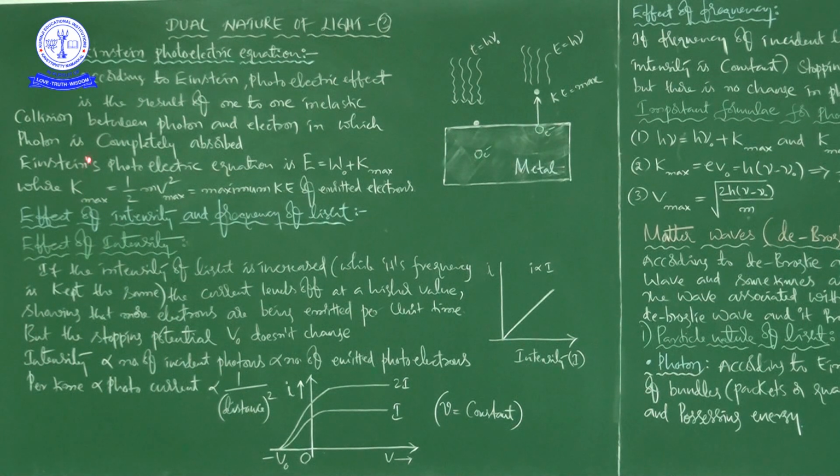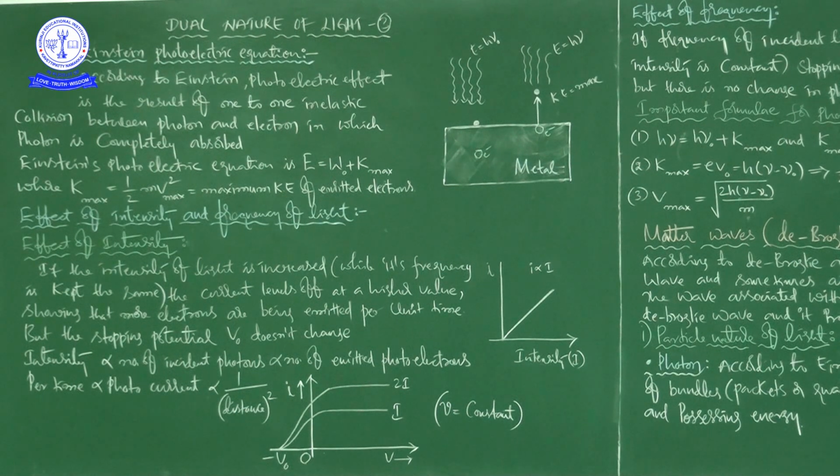According to Einstein, photoelectric effect is the result of one-to-one inelastic collision between photon and electron, in which the photon is completely absorbed. So I will repeat once again: according to Einstein, photoelectric effect is the result of one-to-one inelastic collision between photon and electron, in which the photon is completely absorbed, right?